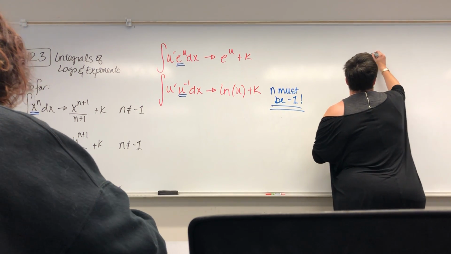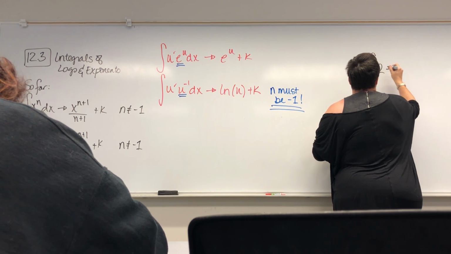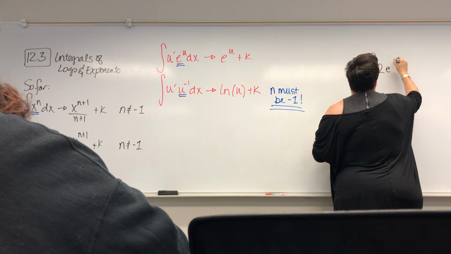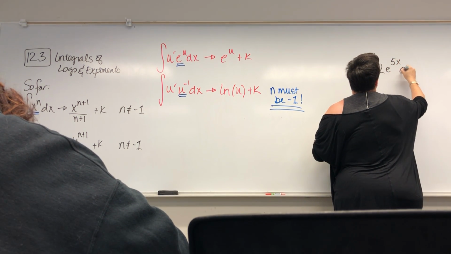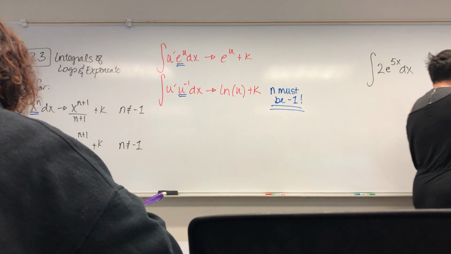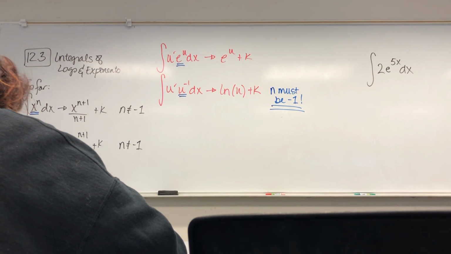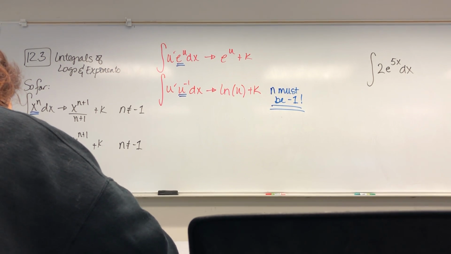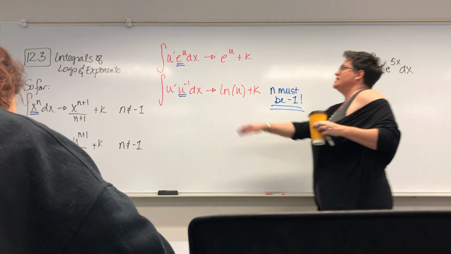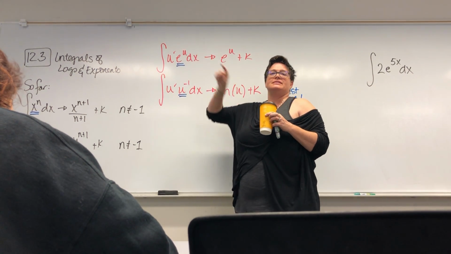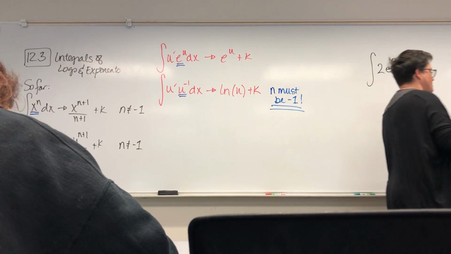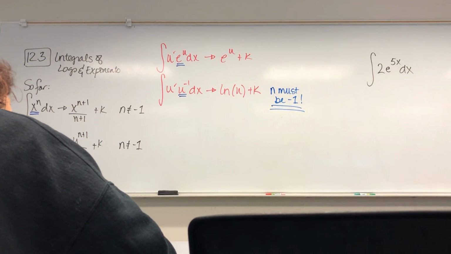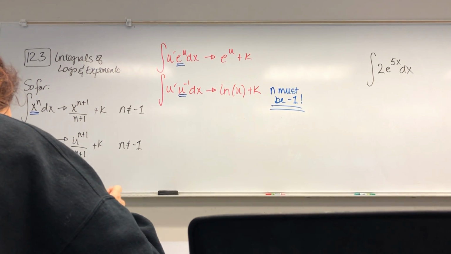Which integral is this? It has an e. Don't overthink it, guys. So what's my u? Based on this, u is the exponent. It is the entire exponent. So it could be a power, it could be a simple function, but u is the entire exponent.